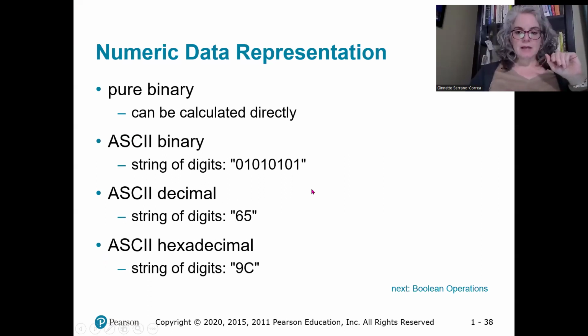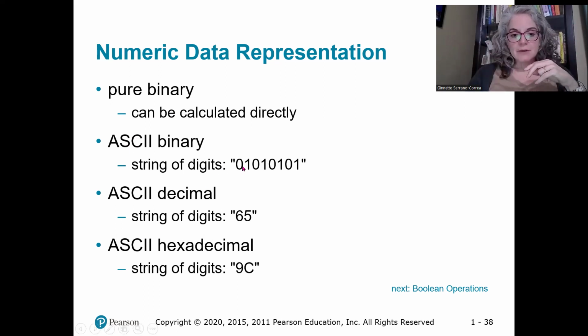In the very last slide, we're just going to talk about these words. We're not going to be using this right now, but when you look at a pure binary number, that's just the actual direct binary number, 0, 1, 0, 1, 0, 1, 0. We can also look at that as an ASCII binary number, which is a string of zeros and ones in string format.